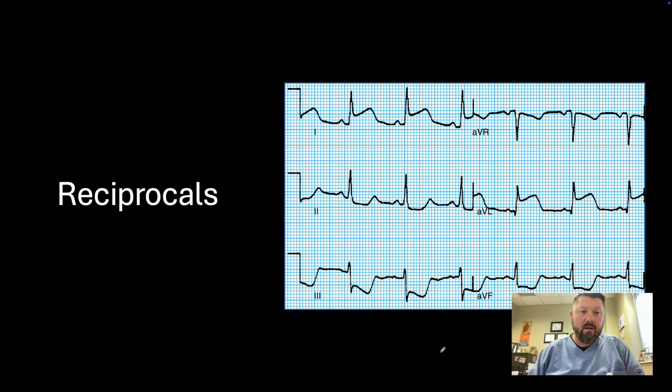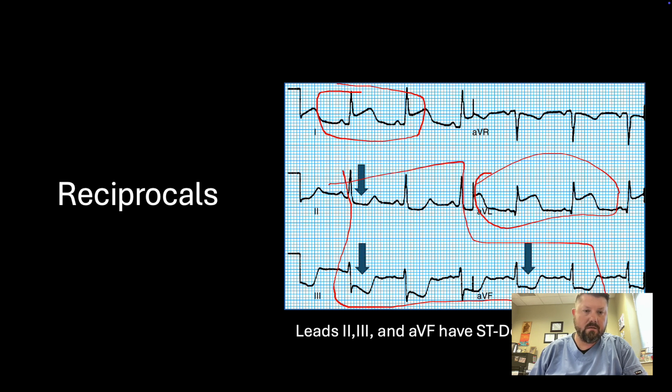So an example here would be leads 1 and aVL, where you see ST elevation in 1 and aVL. On the flip side, you see ST depression in 2, 3, and aVF. So those are your reciprocal changes.